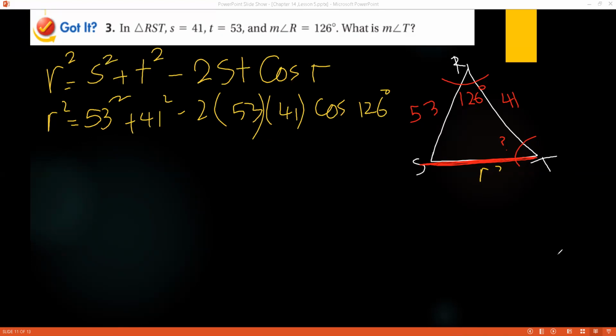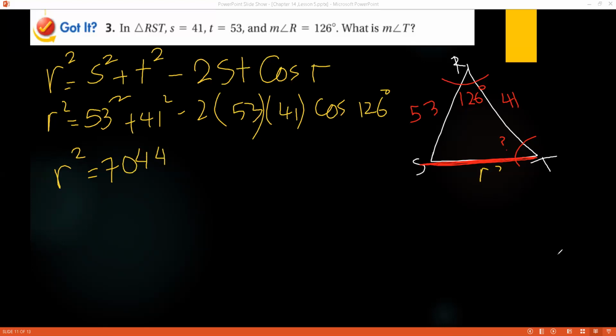So 53 squared plus 41 squared minus 2 times 53 times 41 times cosine 126. So we will find that R squared will be 7,044.